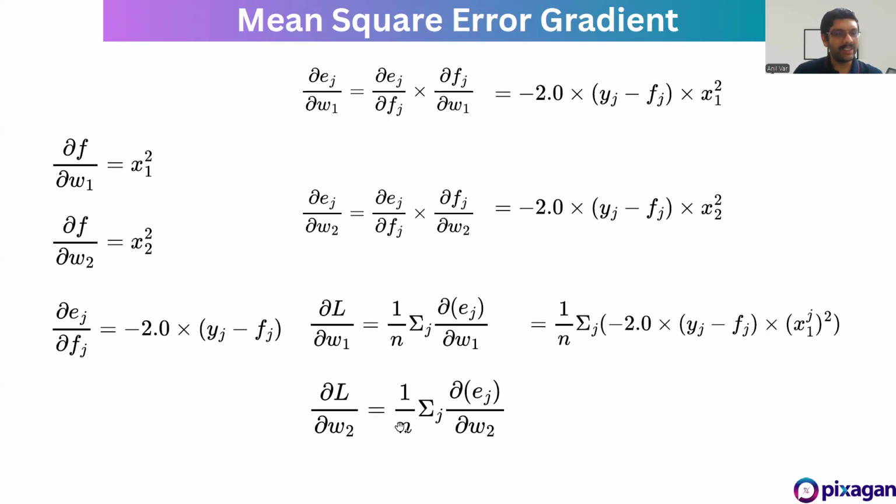And for W2, it's exactly the same thing. You'd say 1 by n times sigma j, dou by dou W2 ej. So again, 1 by n times the sum of this, and you get your answer. Very simple. It looks a bit messy, I guess, but when we implement this, you really understand it. It's extremely elementary how we're doing this.